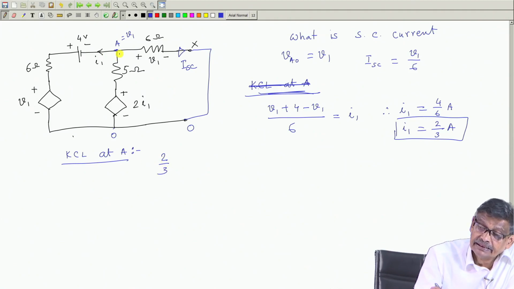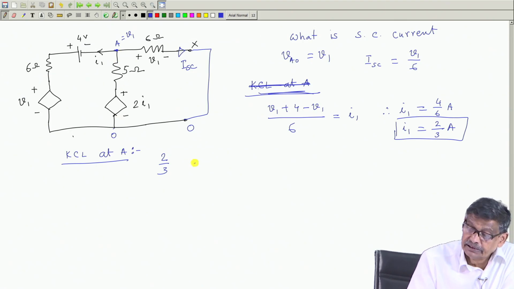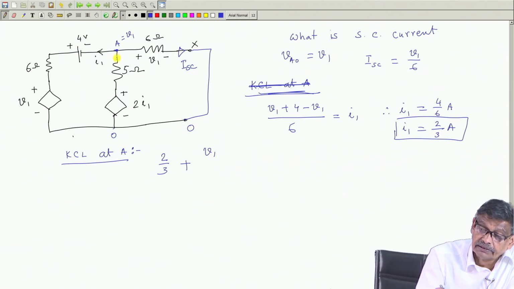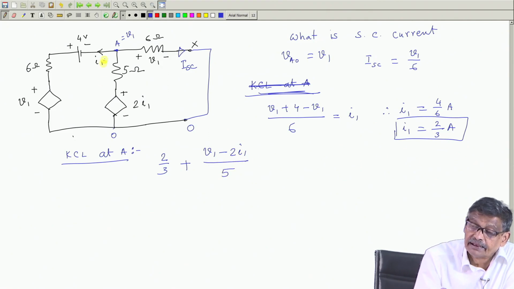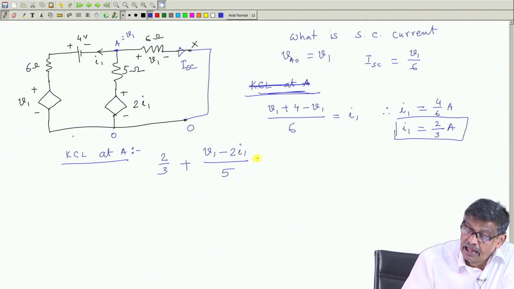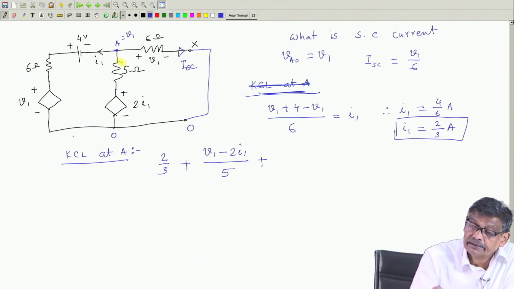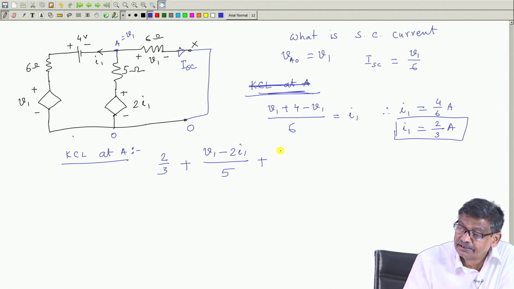Plus the current in this branch, V1 minus 2I1 by 5, and this current is V1 by 6, and that must be equal to 0, because these two are shorted.